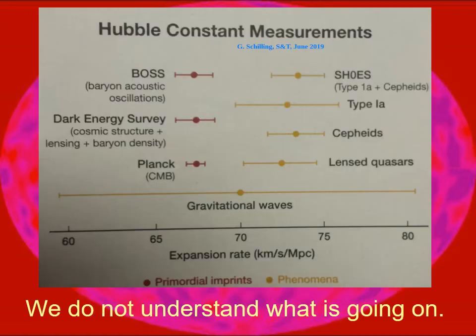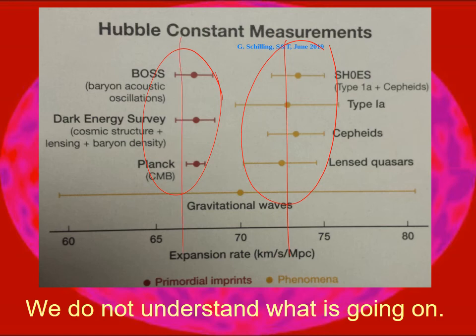And so here are some measurements of things that are in the universe, and those are the values they get, that are relatively high values. If you measure the background radiation and other structures there, you get a lower value. And that's very, very consistent. And so there's a huge difference between which way you go. Now, the gravitational waves give something in between, but the range of uncertainty is absolutely enormous right there.